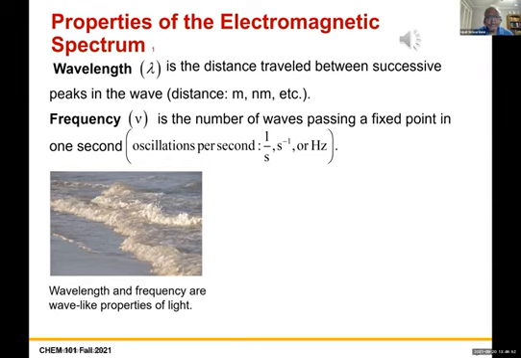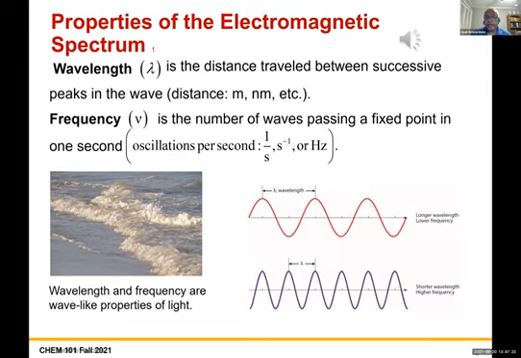Water waves, which are completely different waves that require a medium, also have wave shapes. Traveling waves on a surface, like on the beach for surfing, have a wavelength and frequency. Wavelength is the distance between successive peaks, as in the red wave.